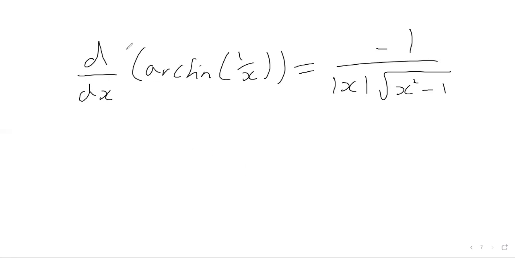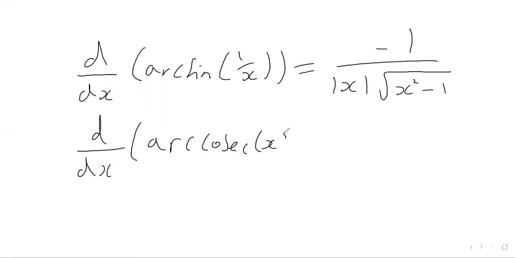However, if you saw the last video that I did yesterday on this, what you may notice is that when we differentiated yesterday the function arc cosec of x, we got exactly the same result.